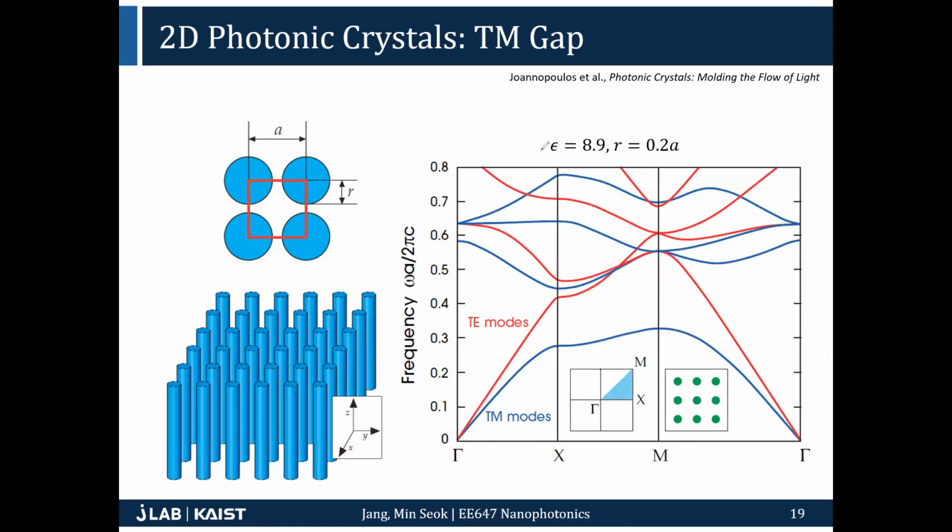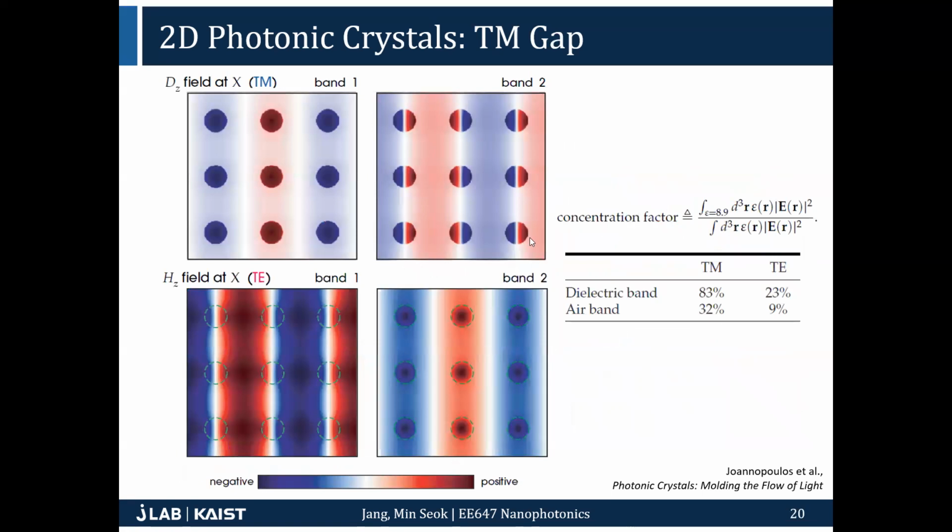Now we try to understand why the TM polarization has a band gap, whereas the TE mode doesn't. To understand that, let's look at this field plot. I don't want to go into too much detail, but I just want to give you a very general understanding of this phenomenon.